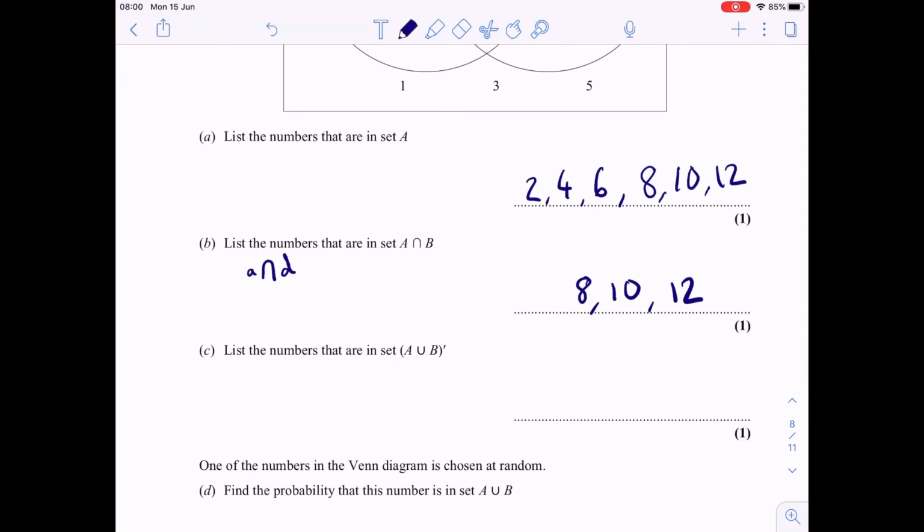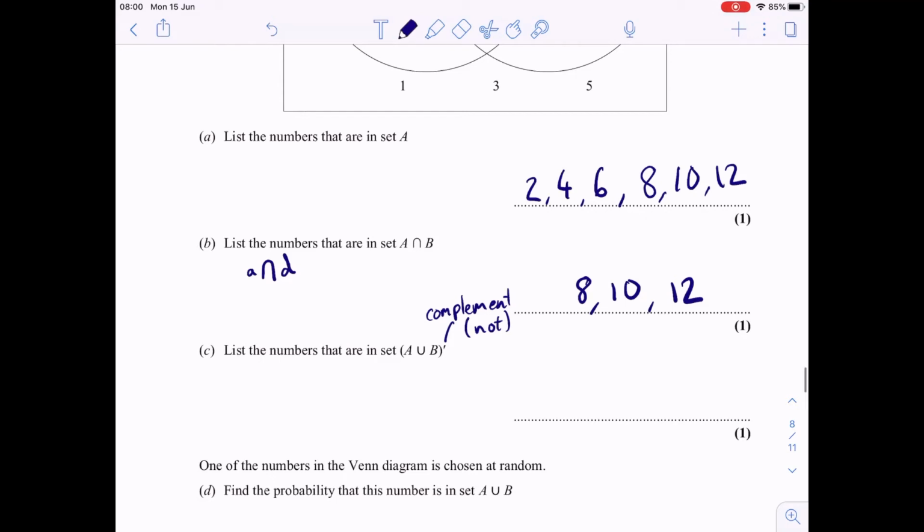Okay, and list the numbers that are in the set A, U, B, and then this little apostrophe. Now, this apostrophe in mathematical words means complement, which if you want that translated means not. Okay, so we are looking for things that are in A, and now this symbol means union.